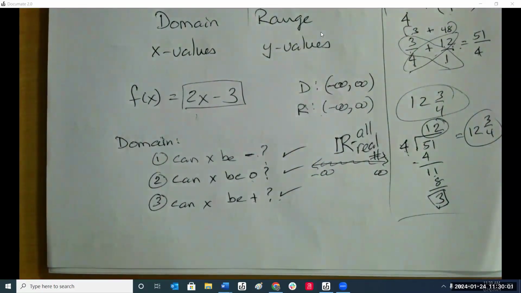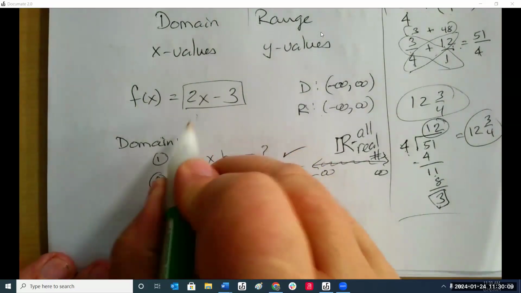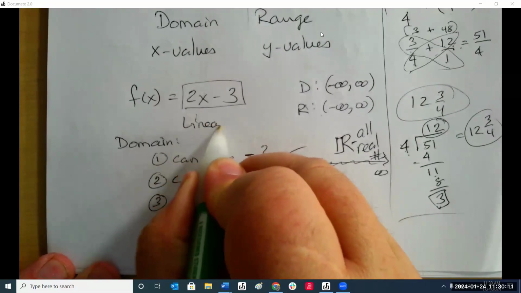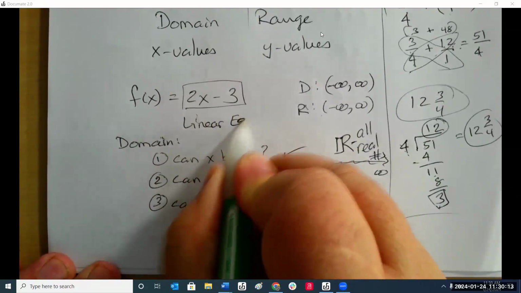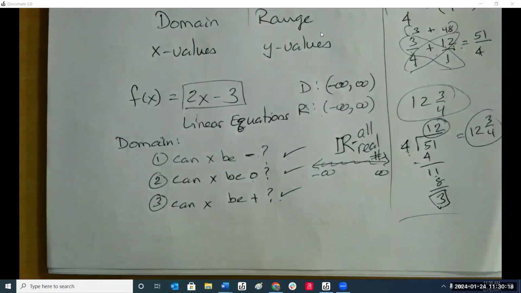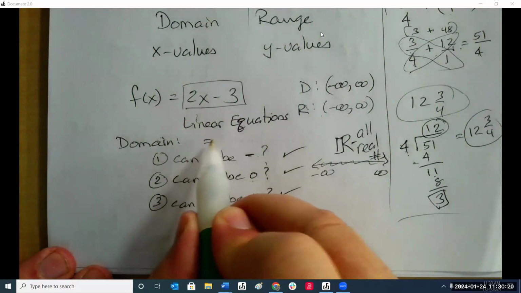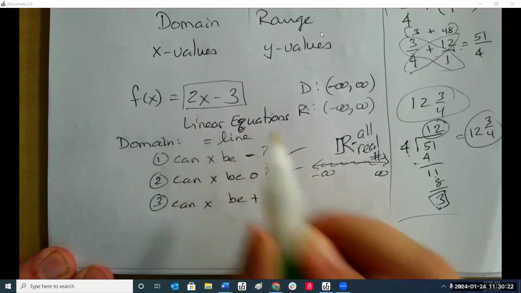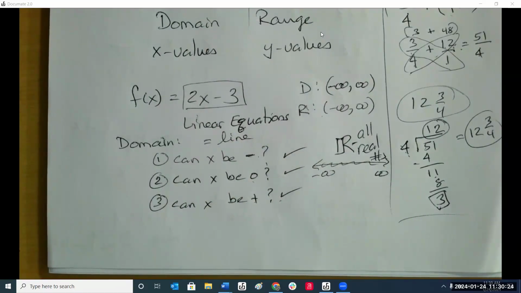Typically, if you drew this graph, what would it look like? A straight line. It's a line. We call these linear equations. Linear equations define a line, whether it's horizontal, whether it's vertical, whether it has either positive or negative slope to it.